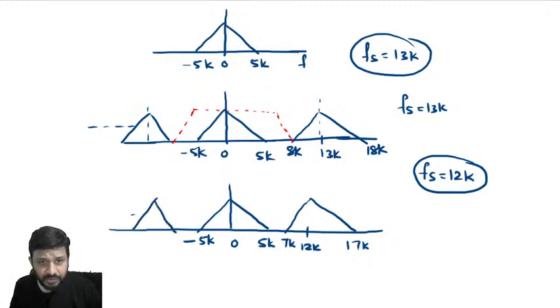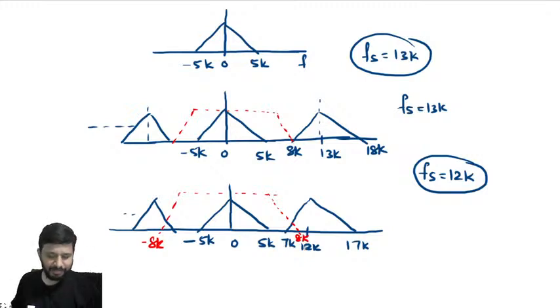Similarly here also. Now when I pass this through this kind of filter, our filter is like this, its pass band is from minus 8k to 8k. Here if you observe, perfect reconstruction is not possible because this unwanted component is also coming.